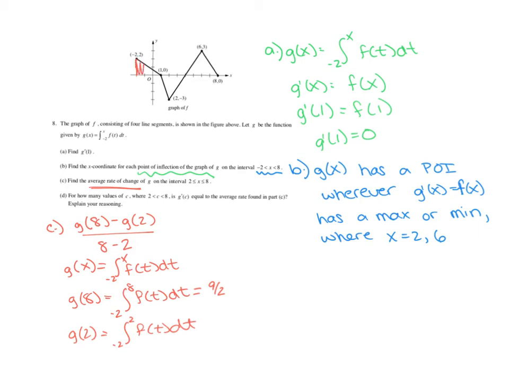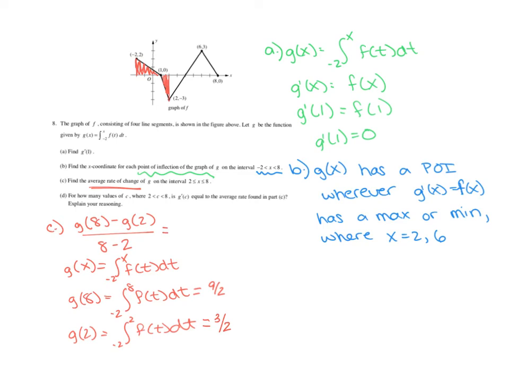So if I go between -2 and 2, so now I have these triangles, keeping in mind that one's negative and one's positive. When we do that, we get 3/2. So we need to do all this work just to find g of 8 and g of 2. And again, we're going to do a little bit more of this in the next notepad.